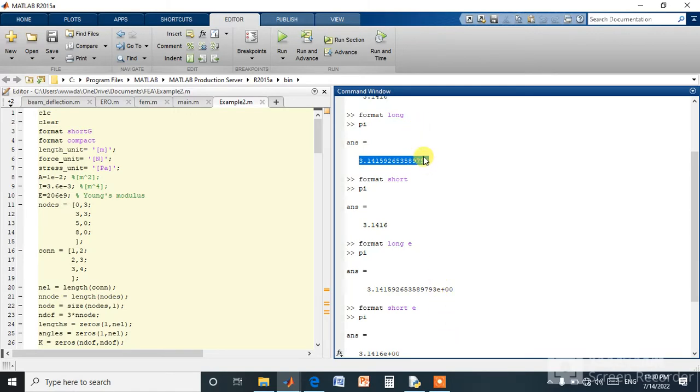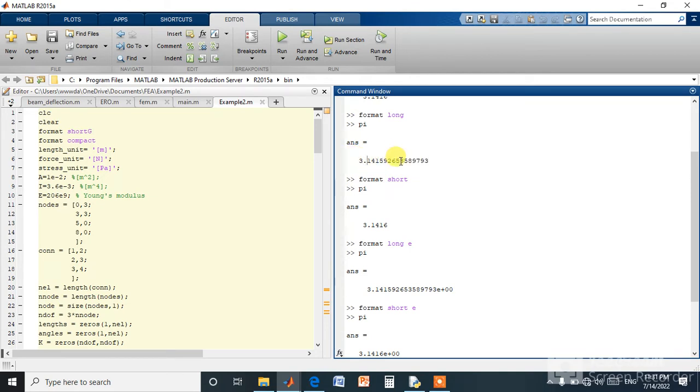This last digit. Let's count the digits: 1, 2, 3, 4, 5, 6, 7, 8, 9, 10, 11, 12, 13, 14, 15, 16. I made a statement that the long carries 15. I'm really sorry about that. It's 16.